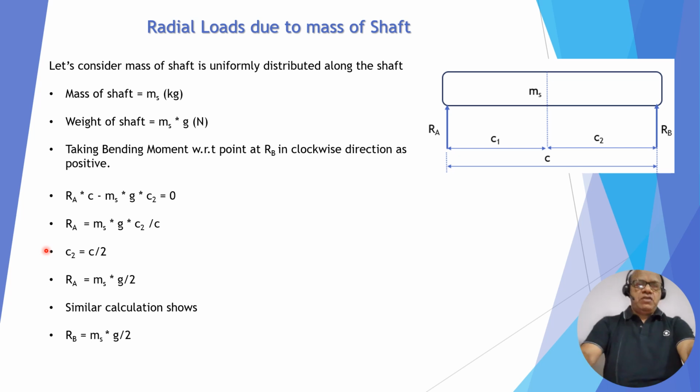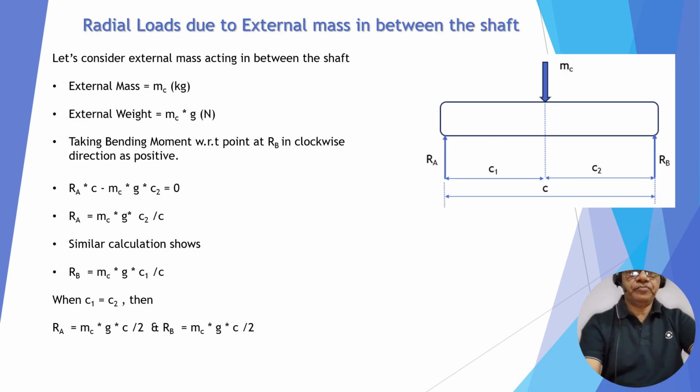So Ra is equal to ms into g into C2 by C, but C2 is equal to C by 2. So Ra is equal to ms into g upon 2. Similarly, we can calculate the reaction force at bearing B by taking bending moment with respect to A, where you can see RB is equal to ms into g by 2.